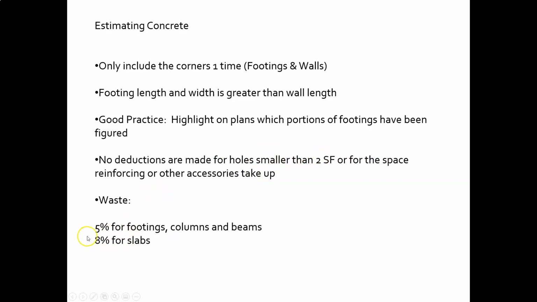And then here are percentages for wasted concrete, which seem a little high to me. Like 8% seems like a lot to add. I don't think that much concrete typically gets wasted on jobs. It's not easy to clean up concrete, so who would want to make a mess with it, really?